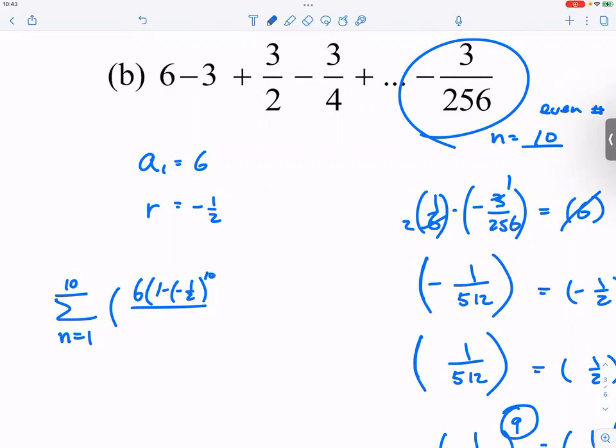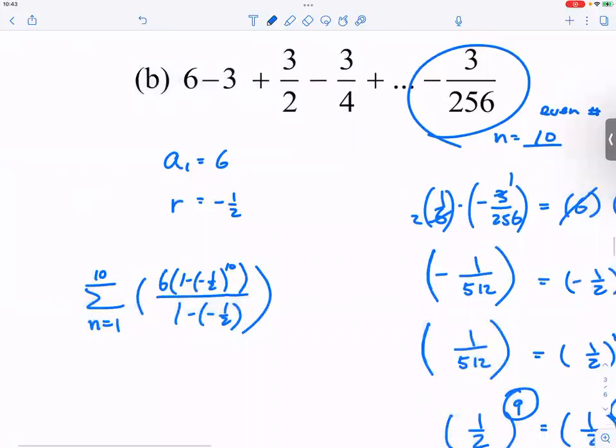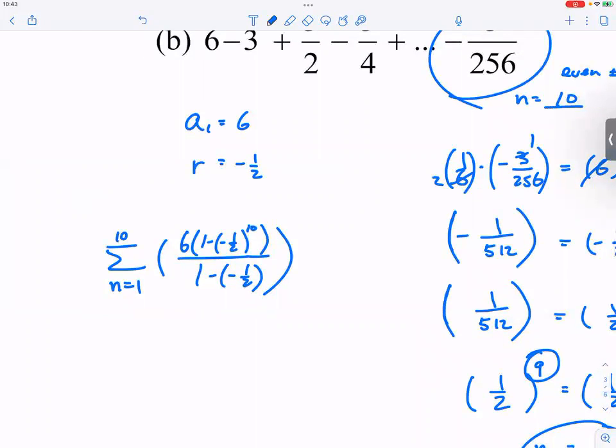And then a lot of parentheses going on here. So make sure you don't lose track of the parentheses. And then 1 minus negative 1/2. And then close parentheses. All right, so make sure you have all these parentheses. And the way I would do it to keep the parentheses organized is that you have these subtle differences in terms of the size of the parentheses so that you can see it better.